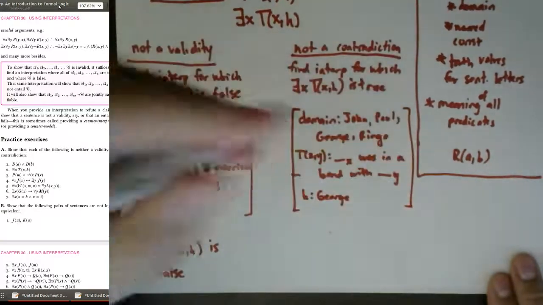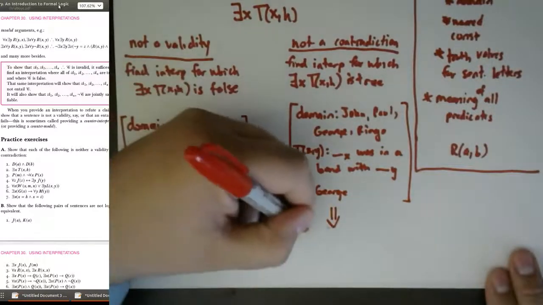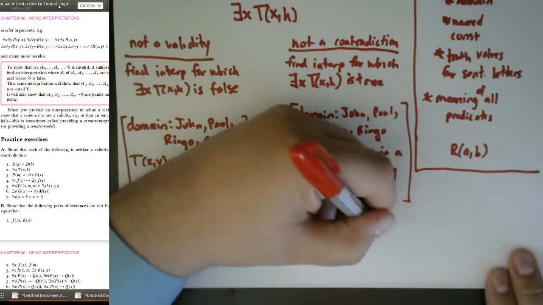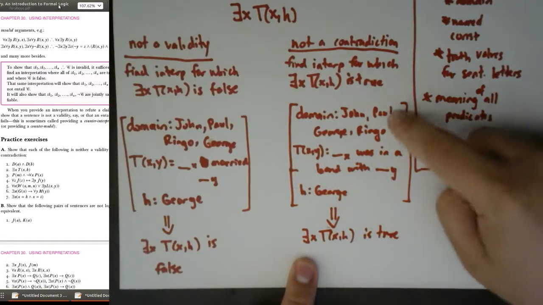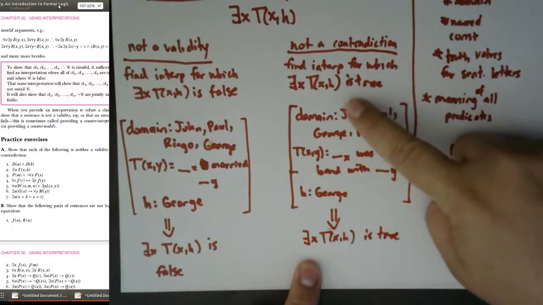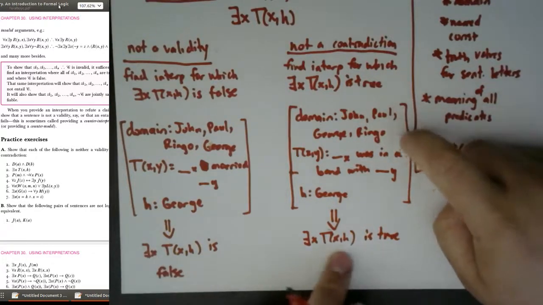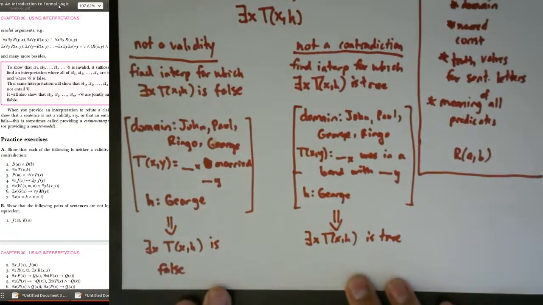So in this case, I'll end up with there exists x T x H is true, right? Because there is something in the domain with the property that it was in a band with George. It could be John, it could be Paul, it could be Ringo, it could even be George itself. That band being the Beatles. So this is what we're talking about.